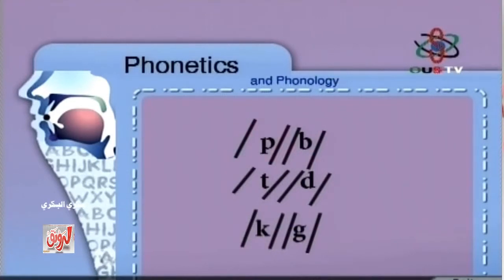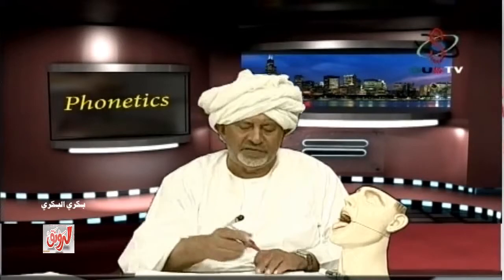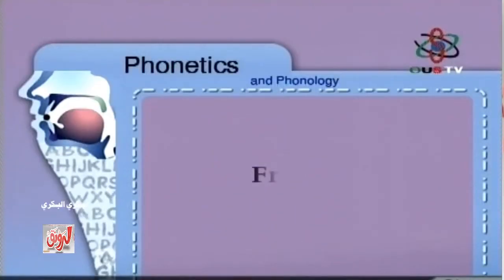Right, now these are the stops. We have got 6. I'm going to move to the second group, and these are called fricatives. In fact, this is the biggest group in English. Why fricatives? We do not stop the air completely. We bring 2 organs sufficiently together.